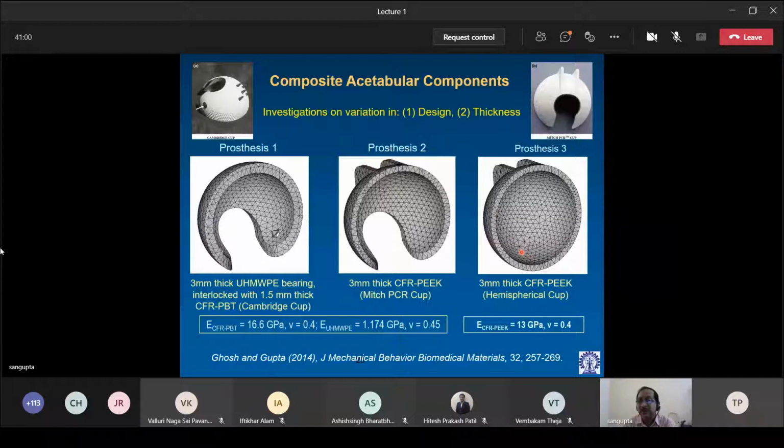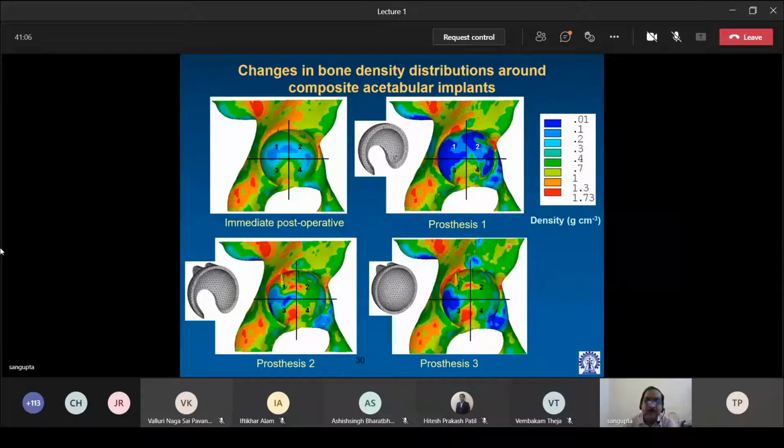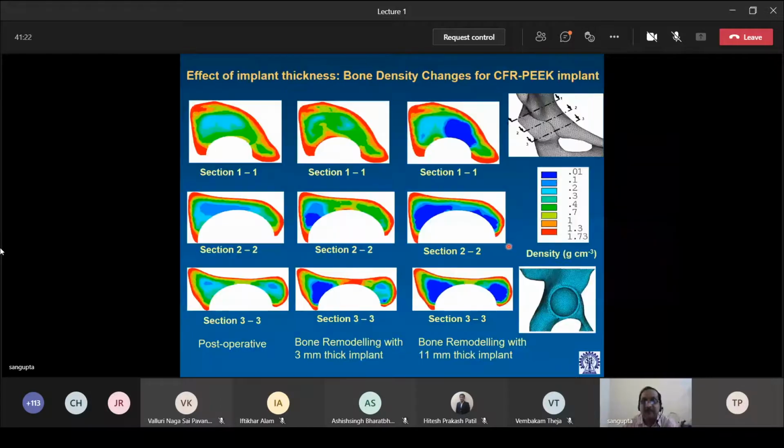So obviously, when there is no cutout, the stiffness of the implant increases. And this is repeat results, but you can see very clearly that due to bone remodeling, how the density distribution changes from one design to the other.